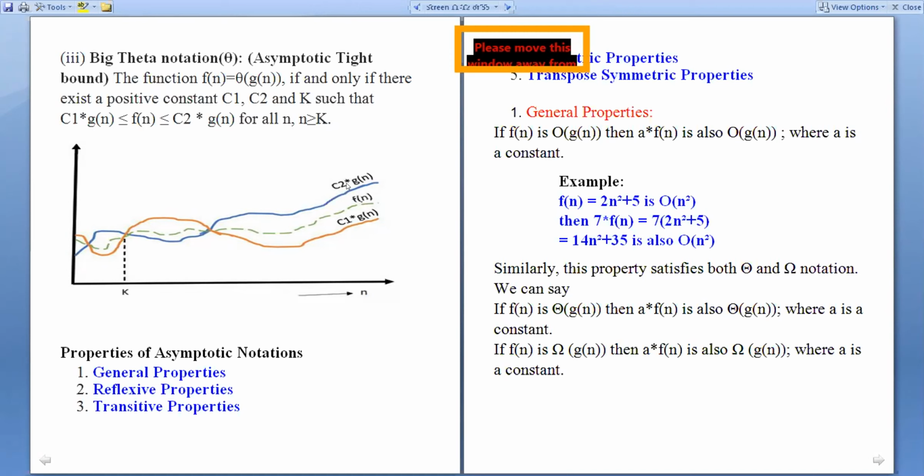Check here: we have c2 times g of n, f of n, and c1 times g of n.